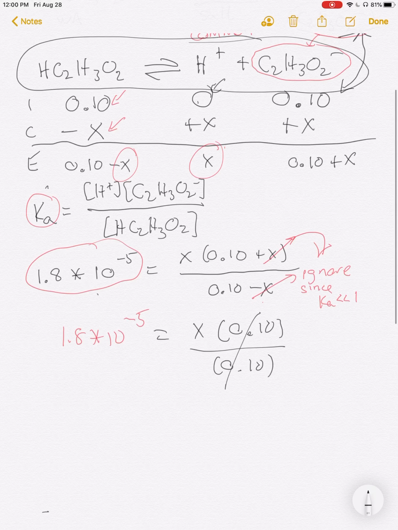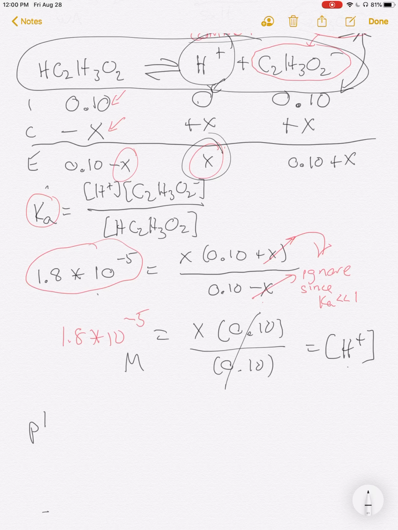If we look up here at our ice table, our X is the same as our H plus, so that will also equal our H plus. So now we have our hydrogen ion concentration, 1.8 times 10 to the negative 5 molar.